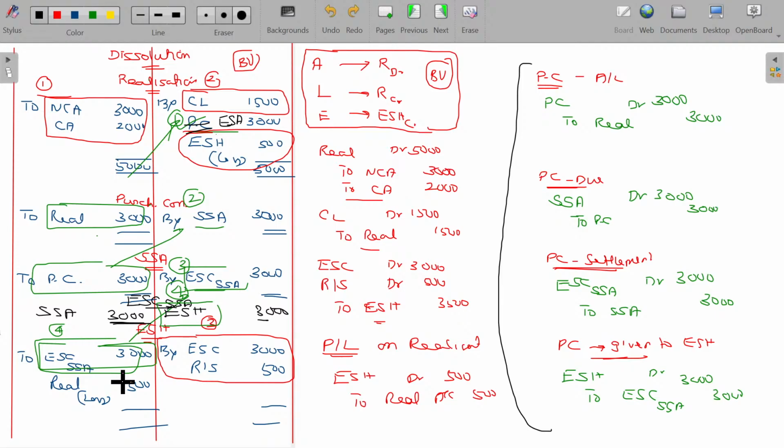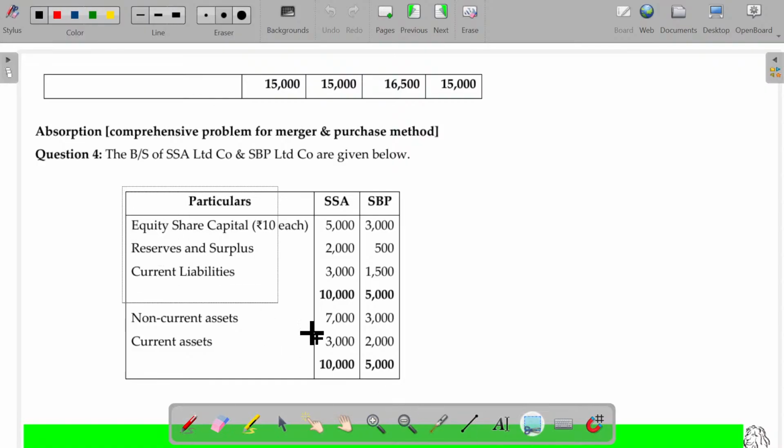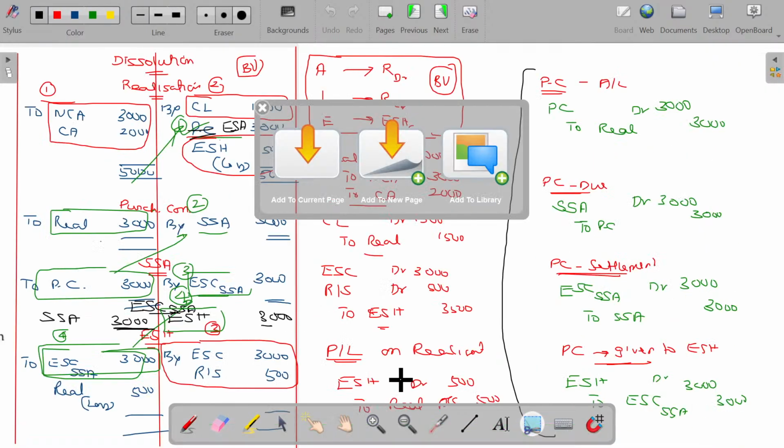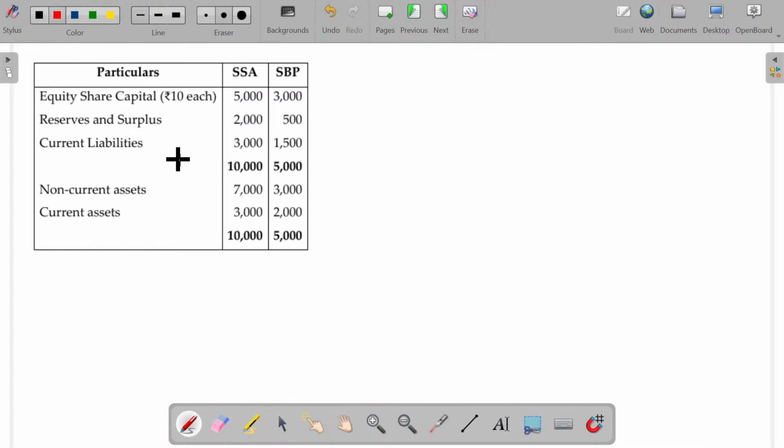Now let's move on to the next one. We are going to pass entries directly in the books of whom? Buyer. Let's see. In the books of buyer, we can very easily solve this illustration. So the payment being 3,000. Clear? Now what are the 3 entries going to be passed? Entry number 1 is all about business purchase.